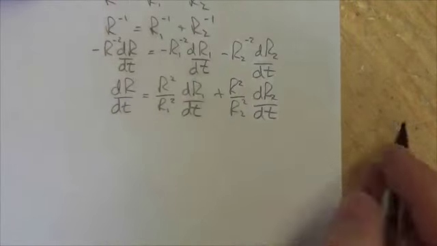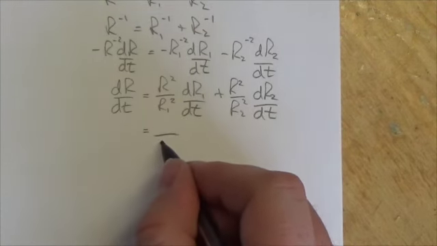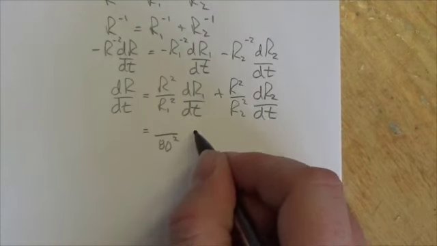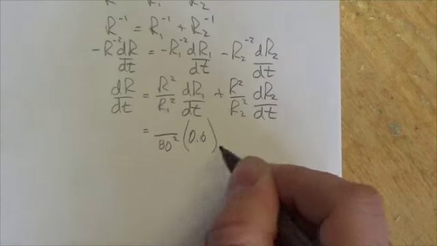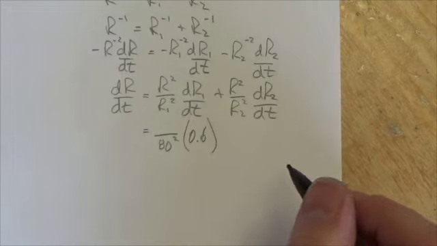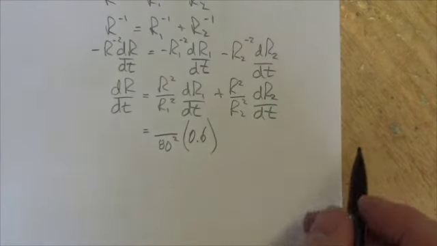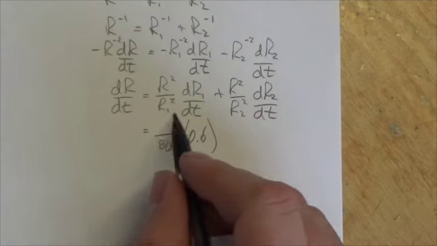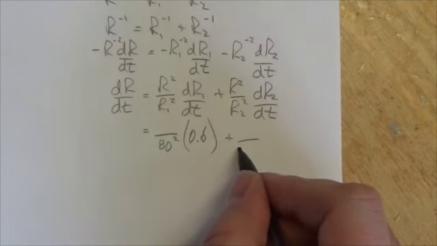Now it's just a matter of evaluating, really. I know R1 is going to be 80 ohms, that'll be squared, and I know dR1 by dt is going to be 0.6. What I don't know is the actual overall resistance. So I'm going to have to spend a couple of minutes and get that. That's going to be the same issue over here.